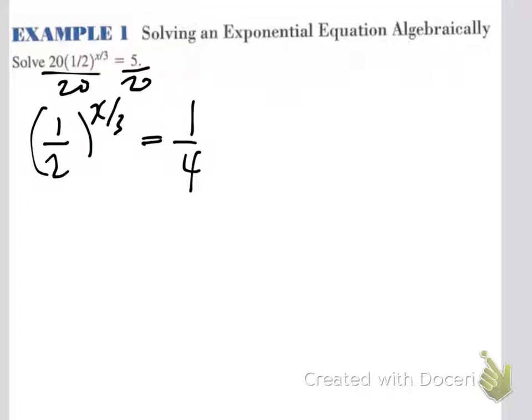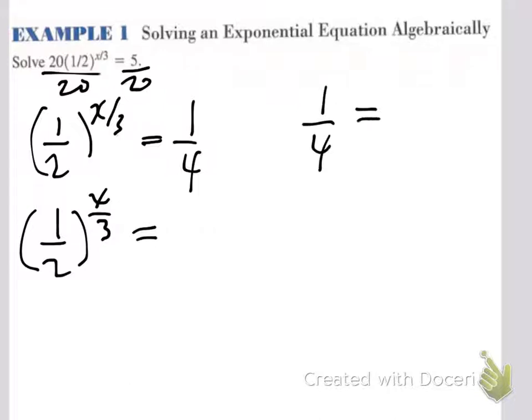The second step, what you want to do is get the bases to match up. So here I have a base of 1/2 raised to the x divided by 3. Here I have a 1/4, and so I want to rewrite 1/4 with a base of 1/2 if I can. So 1/4 equals 1/2 raised to the second power.